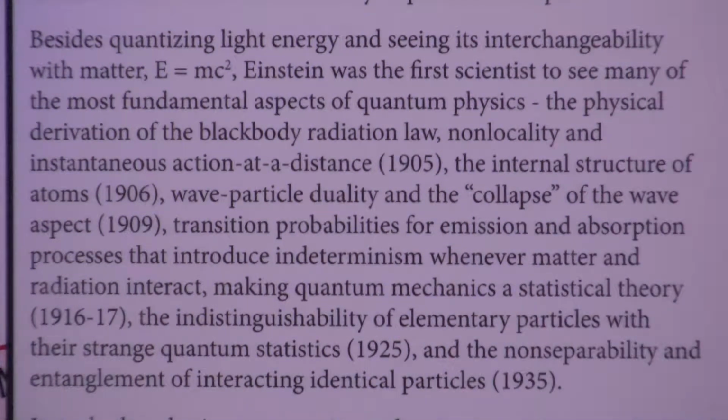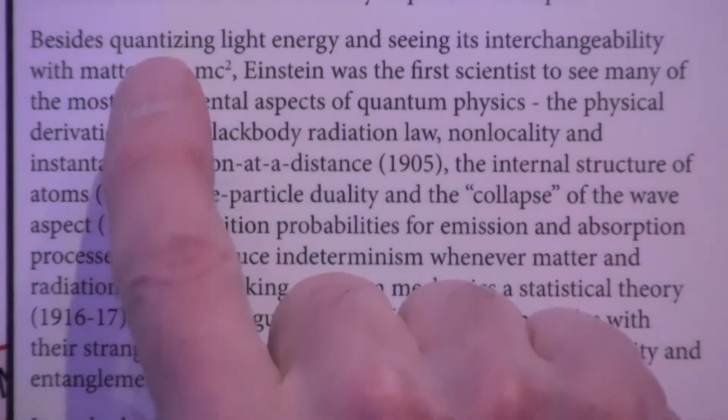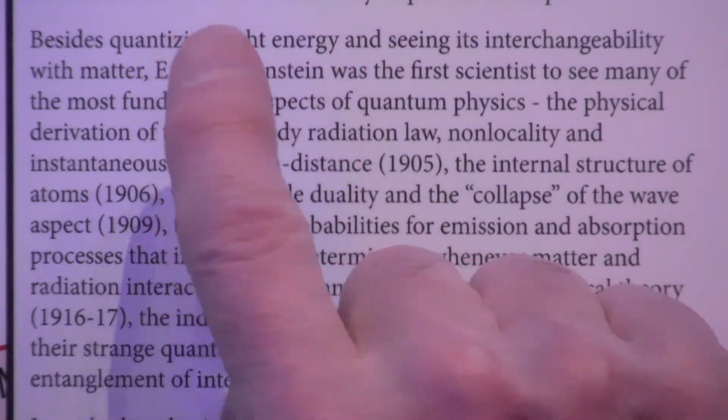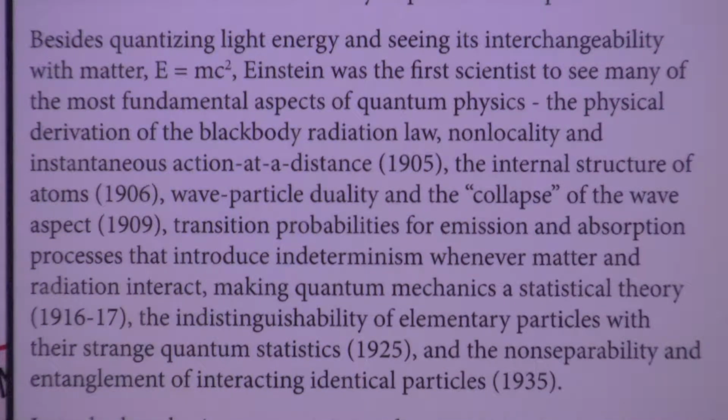Besides quantizing light energy, so the quantum hypothesis, which is thought to be the work of Max Planck, and Max Planck did introduce the quantum constant, the quantum of action, as he called it, in 1900. But when Max Planck did it, he didn't really believe that energy came in quantized amounts.